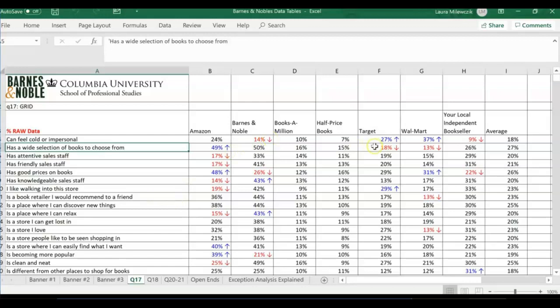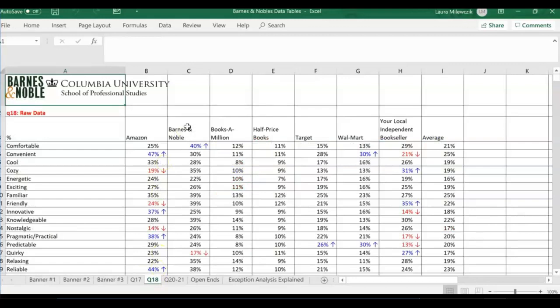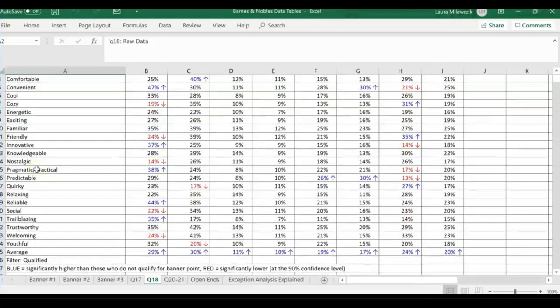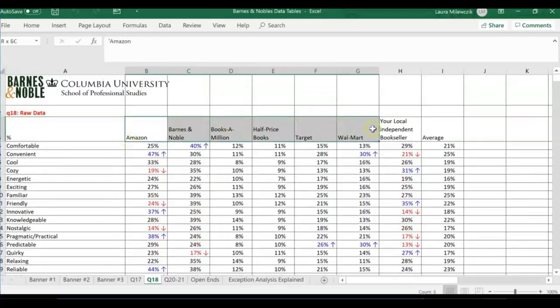Conversely, only 18% of those evaluating Target felt that Target had a wide selection of books to choose from. All grid tables will be run in this format for each of the different questions that we ask about the competitive set.